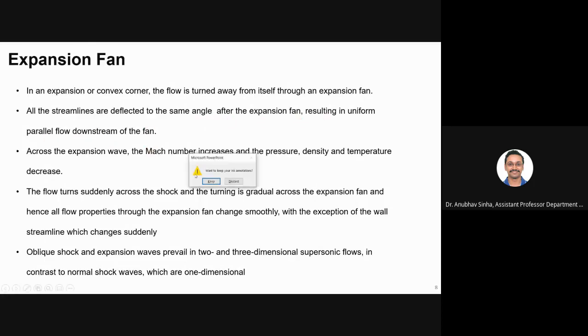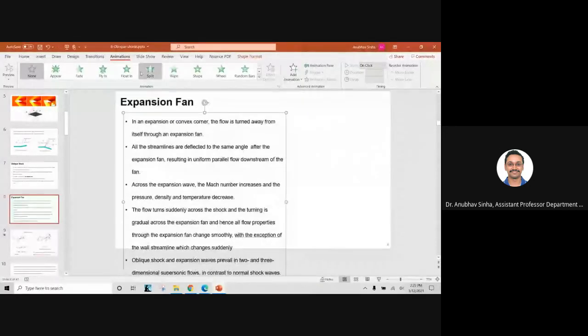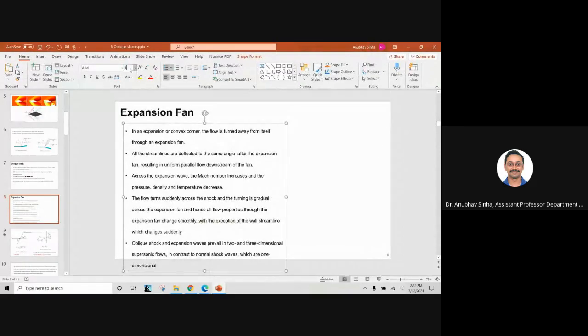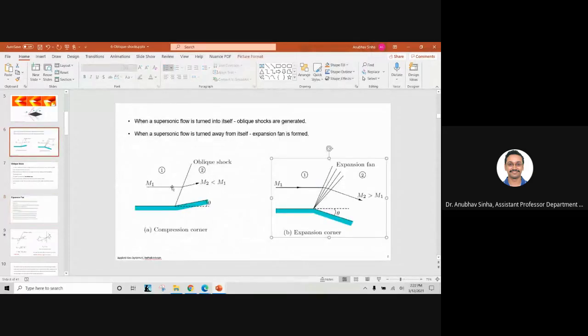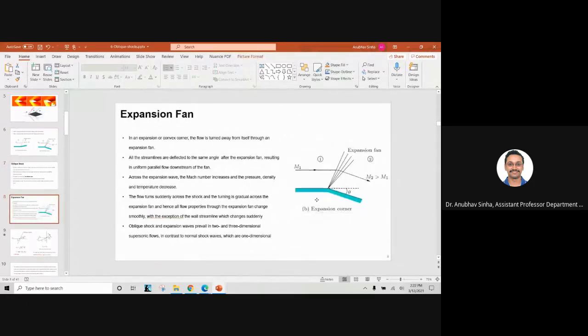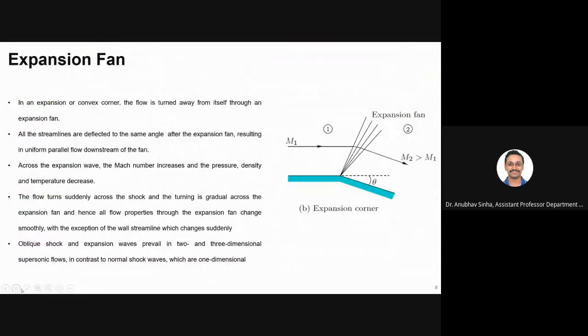Let me keep that picture here so that it will be easier to discuss, and we don't have to go back and forth between slides. Okay, so let us talk about the expansion fan. All the streamlines are deflected by the same angle.